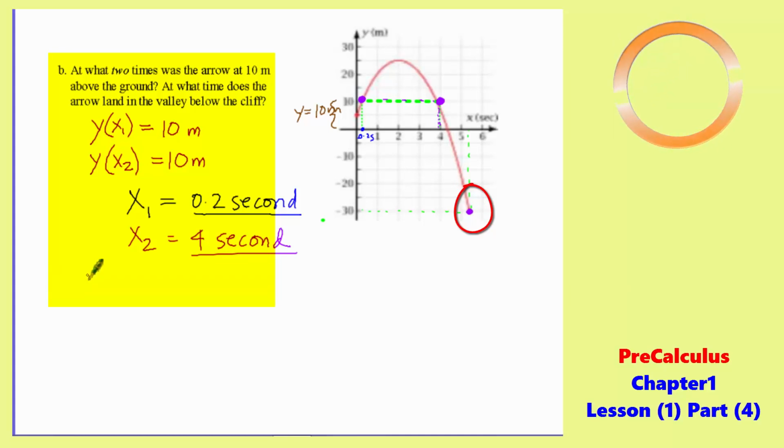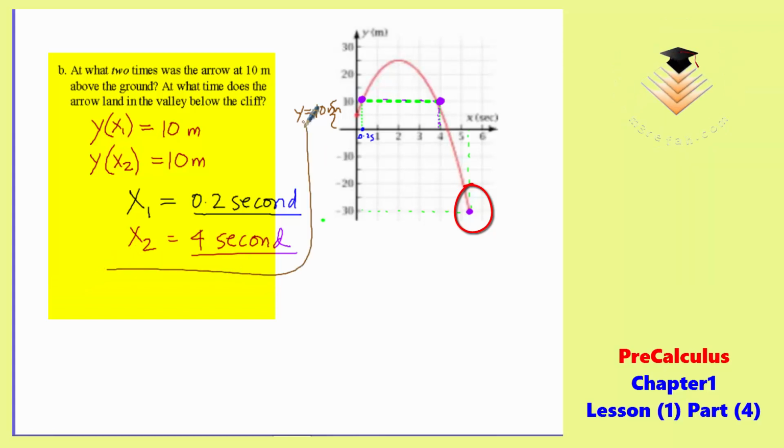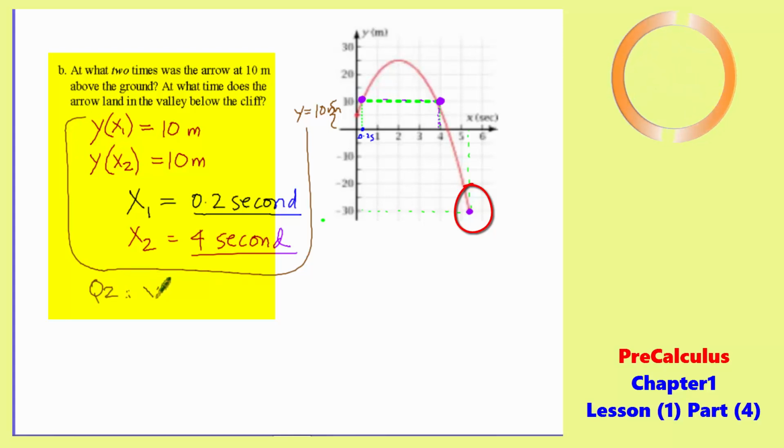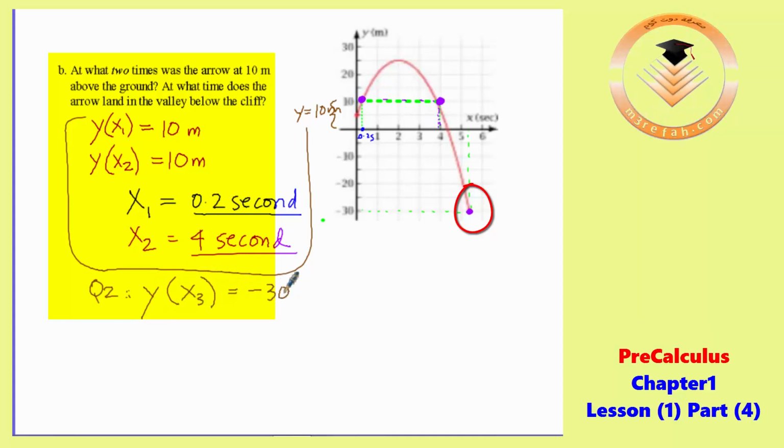For the second question, we have a height of y of x3 equal to negative 30 meters.